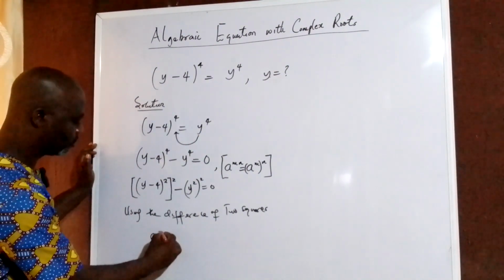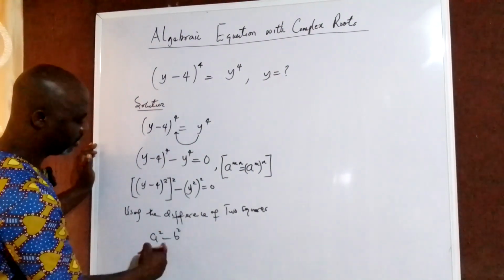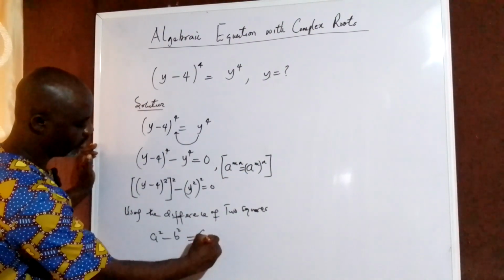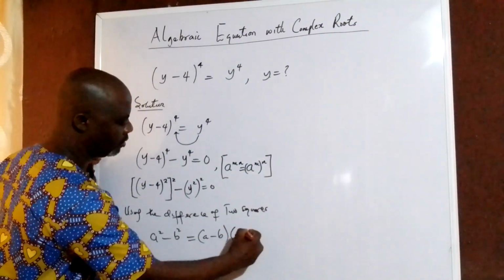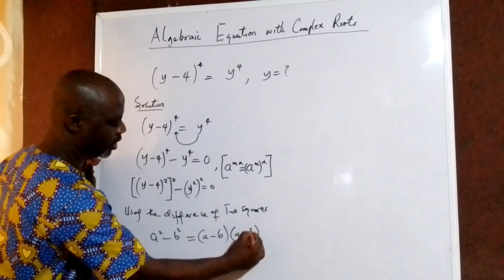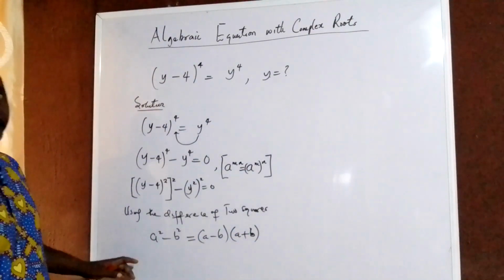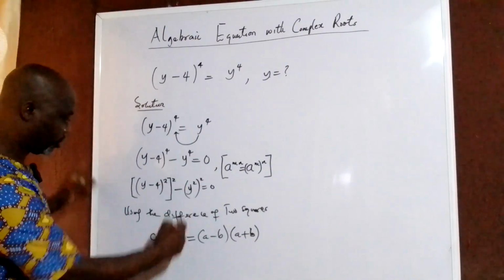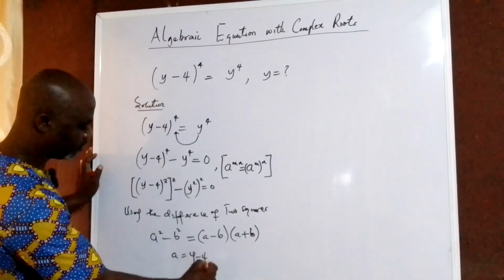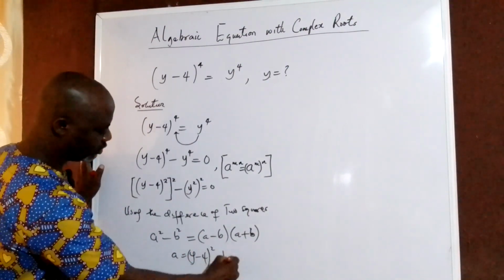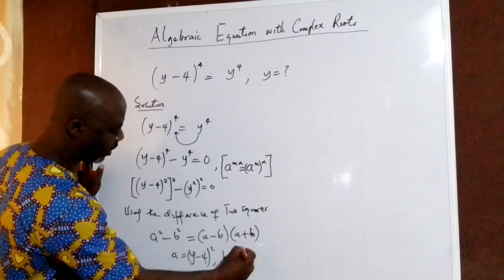If we have a squared minus b squared, the result will be a minus b times a plus b. So that is the difference of 2 squares, where in this expression a represents (y minus 4) squared, and b will be represented by y to the power of 2.